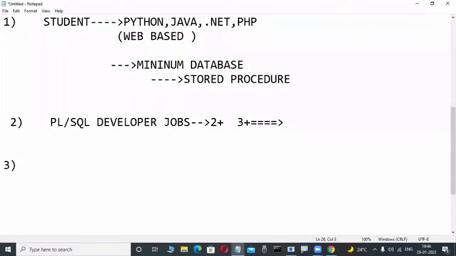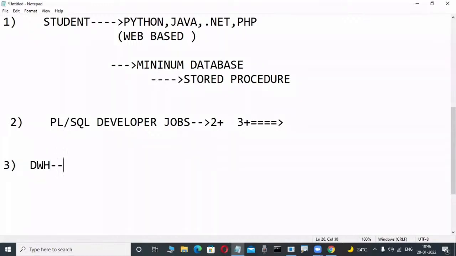Another type of persons: nowadays, so many persons do not have very good coding knowledge, maybe they are not technical persons, and they want to move into software. In that case, one type of job is there: data warehousing technologies.